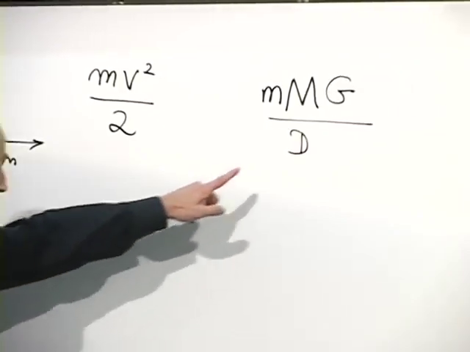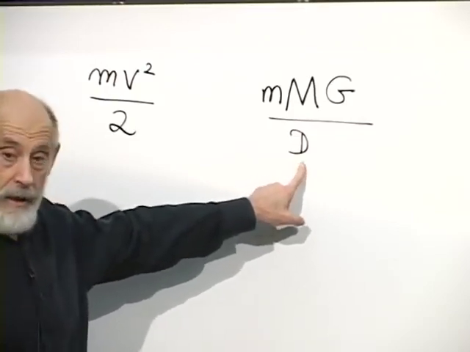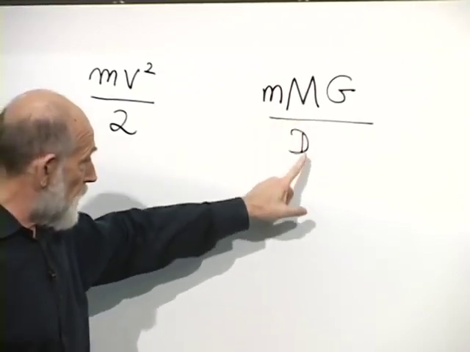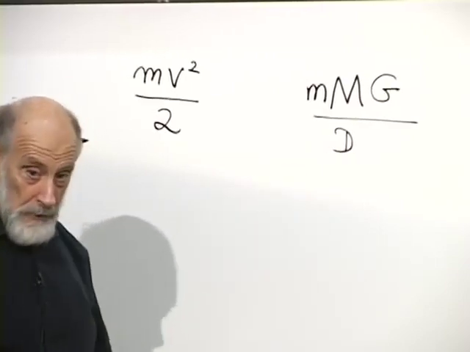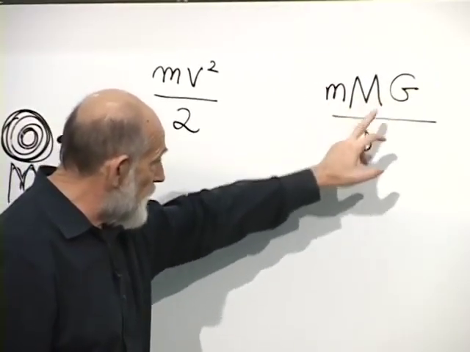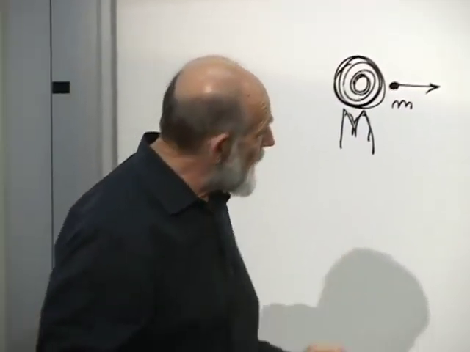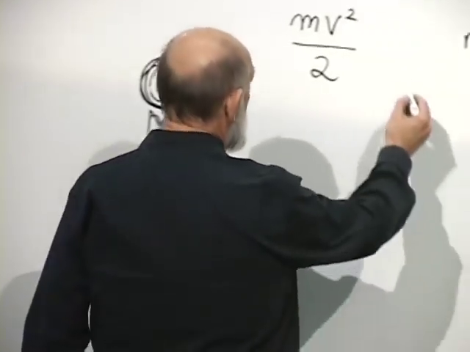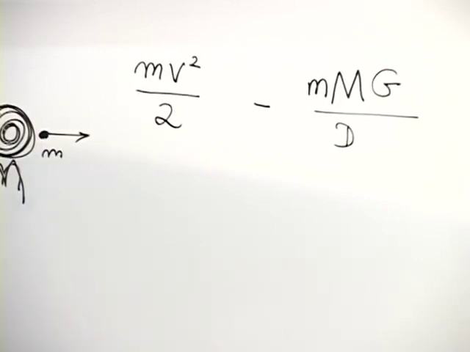No. The force contains the distance squared. The potential energy only contains the distance. Not M m G divided by d squared. That's force. The potential energy is just the product of the masses, G, and 1 over the distance. That's all. One thing is missing: a negative sign. Gravitational potential energy is negative.